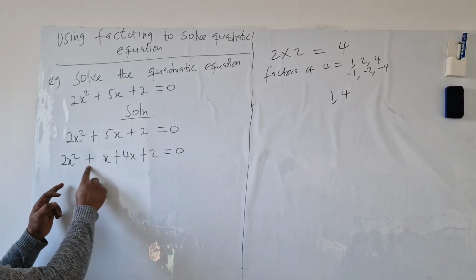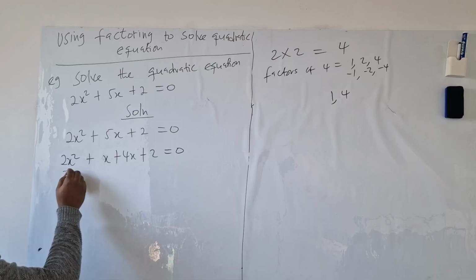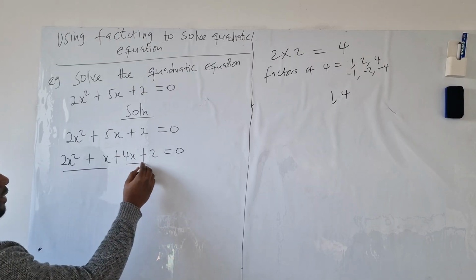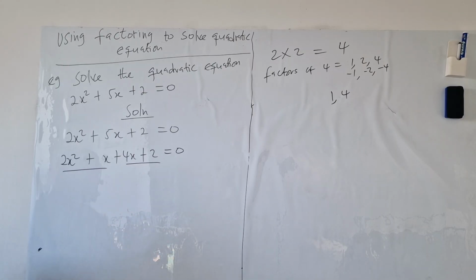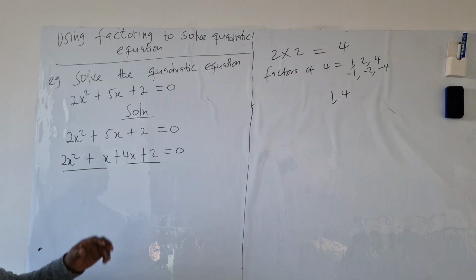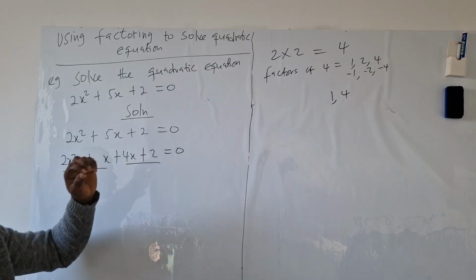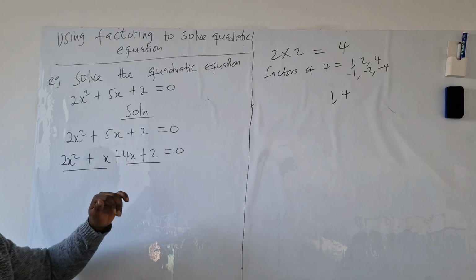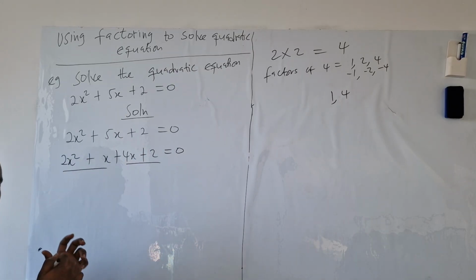We factorize the first 2 terms, and also factorize the last 2 terms. That is why we are saying that the method we are using is factoring. Because you need to factorize an expression at some point. That is why it's called factoring.